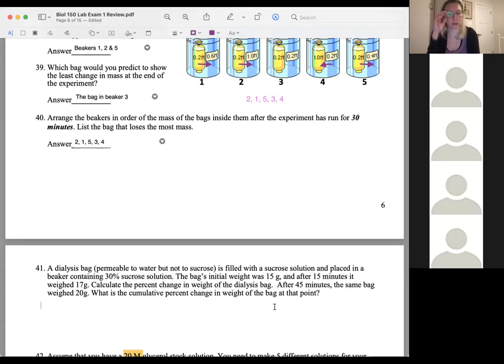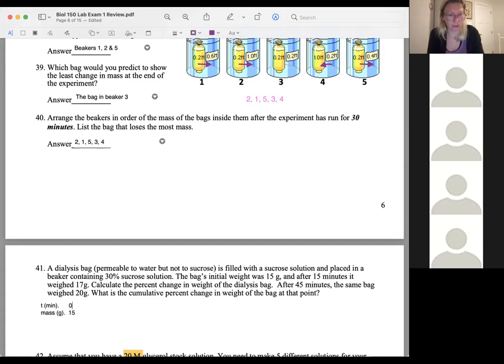Okay, so we've got two different sets of data here. We've got some time and we've got mass in grams. Time is in minutes, so those are our units. So we have an initial weight of 15 grams.